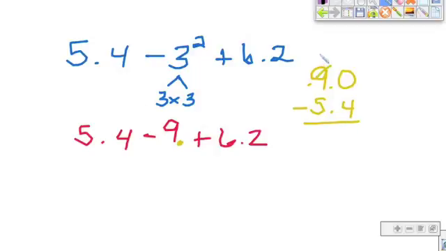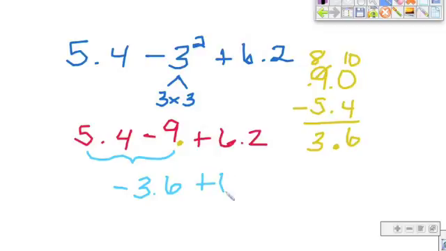We borrow. This becomes an 8. This becomes 10. 10 take away 4 is 6. Bring down your decimal. 8 take away 5 is 3. So my answer for this section is negative 3.6.